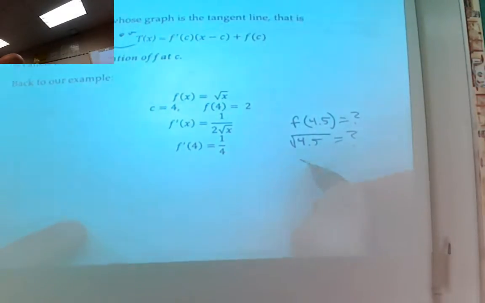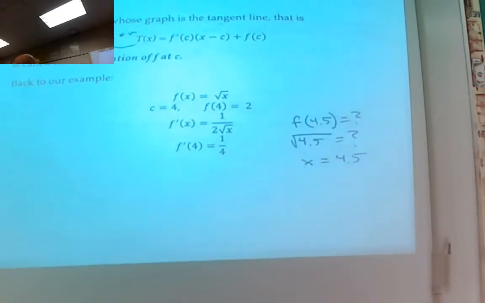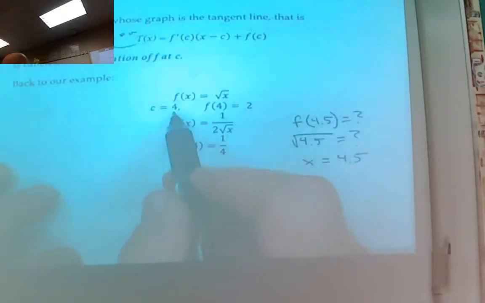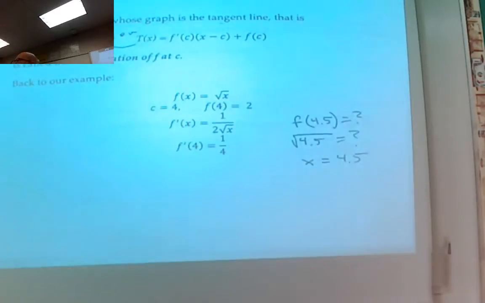So x is equal to 4.5. I'm going to use c to be 4. Why? Because in my head, I can take the square root of 4. And 4 is close to 4.5.